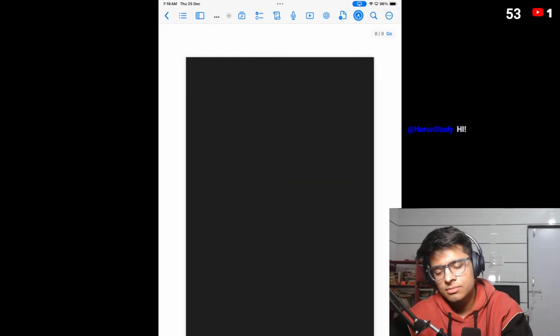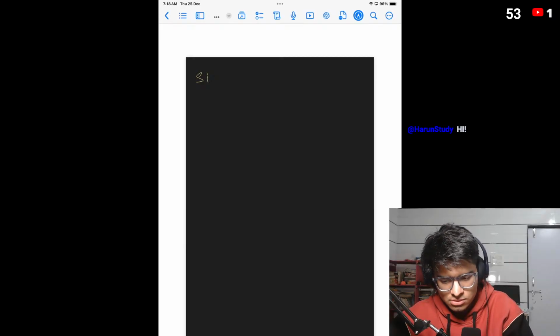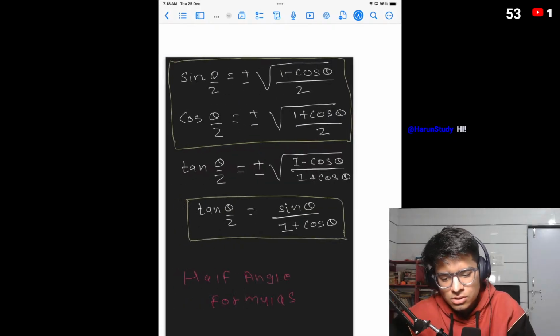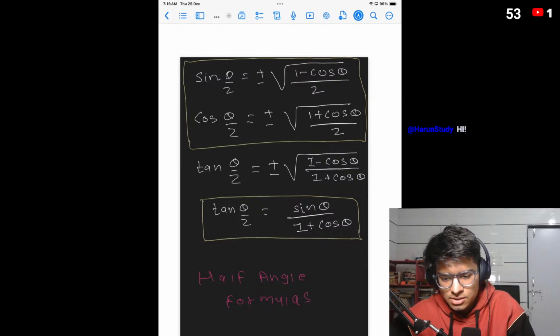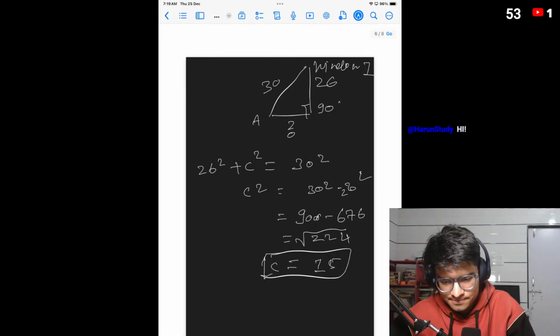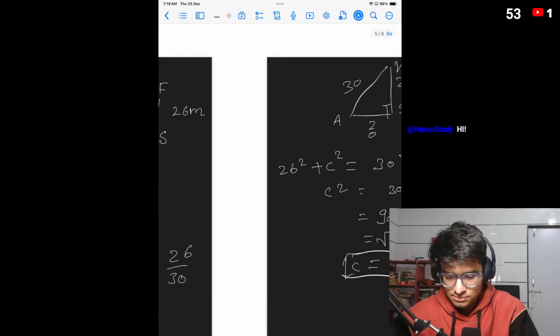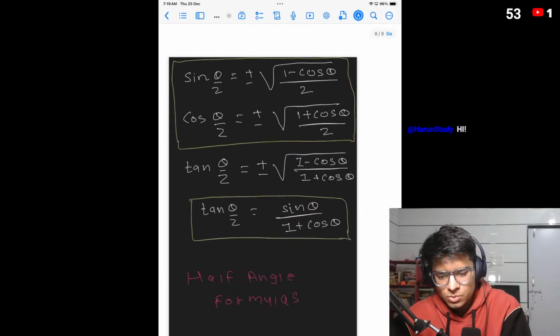In this case as well, sin theta by 2 will be plus minus, okay, let's assume it is plus, under root 1 minus cos theta.